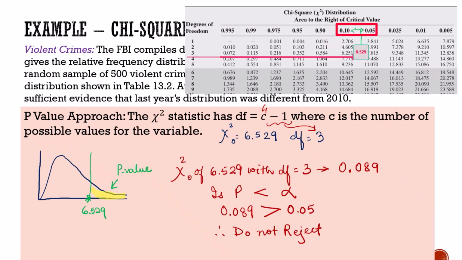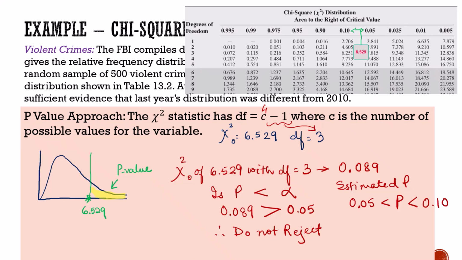The estimated P is going to be 0.05 is less than whatever the P value is. If we are using the table, then we of course don't know what the exact P value is, and P is less than 0.10. So this tells us that P is greater than 0.05. Therefore, we should not reject the null hypothesis, right?